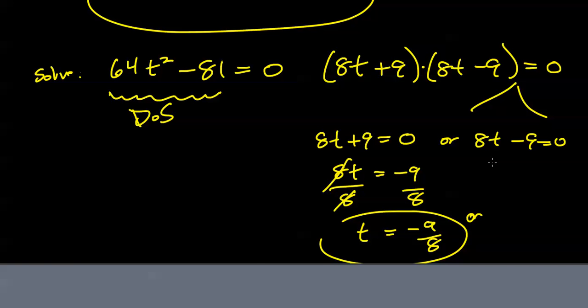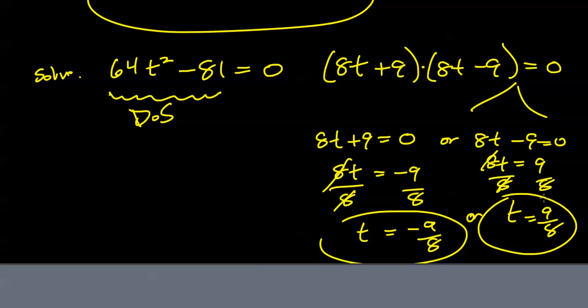Or, of course, 8t, I'll add 9 to both sides and then divide by 8. The 8's cancel out here, and I get t equals positive 9/8. So again, two solutions, fractional solutions, but solutions nonetheless for this degree 2 polynomial equation.